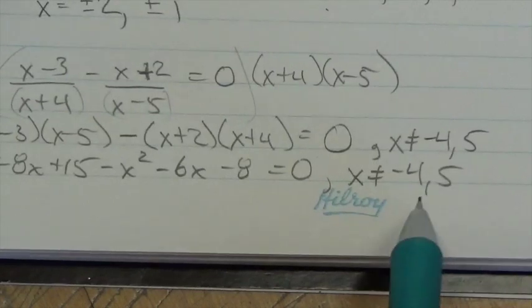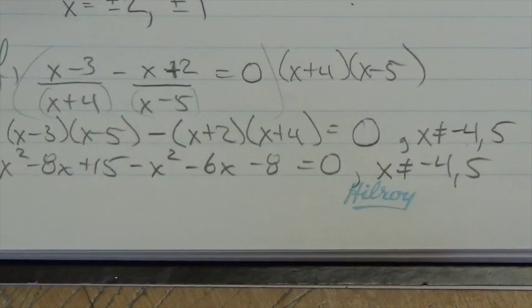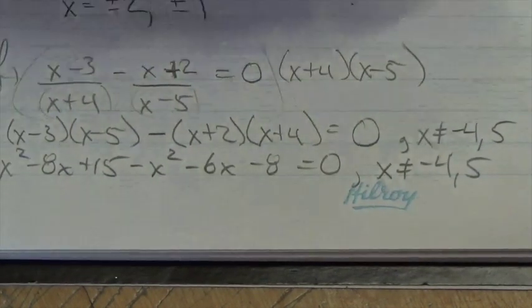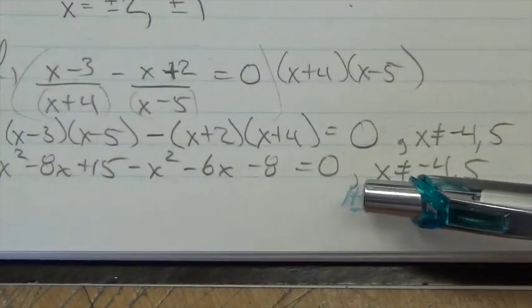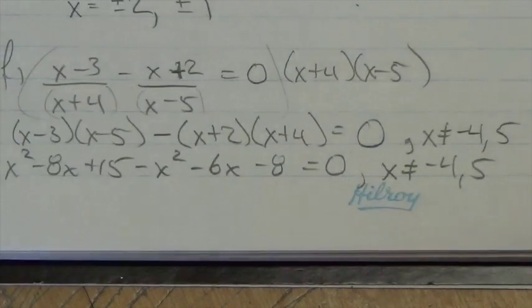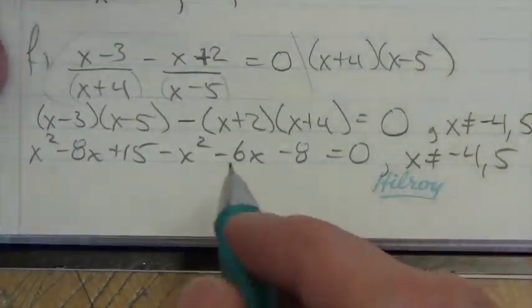Now someone's going to ask, oh my gosh, do I have to keep writing that out every single time? Well, you tell me, are you going to remember that that's there or not? I mean, I've watched students that have done this, stopped writing it, and then forgot about it. And then they made a mistake in their answer because they forgot that that was there. So it's totally up to you.